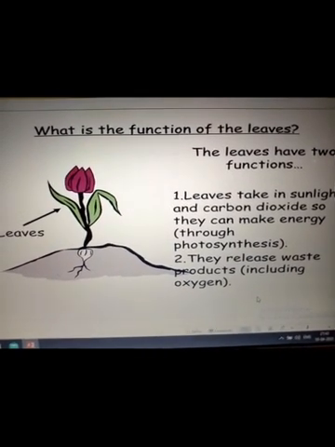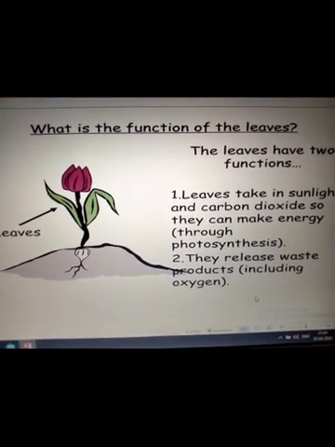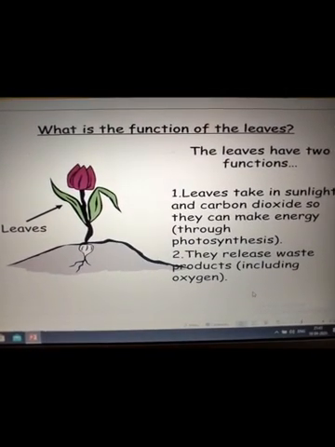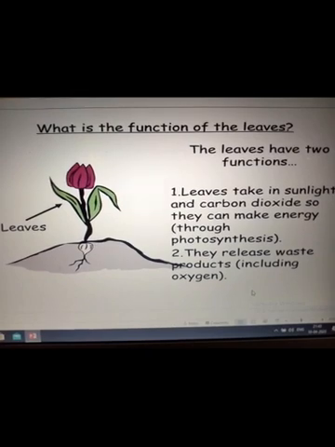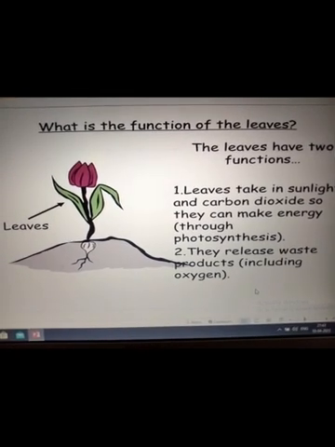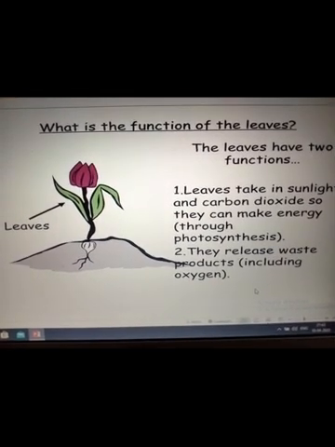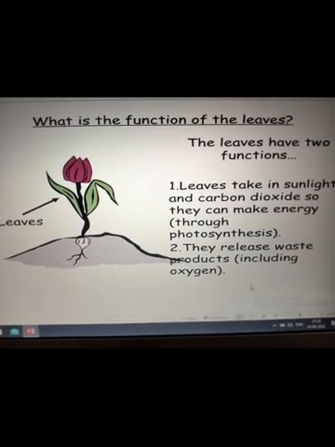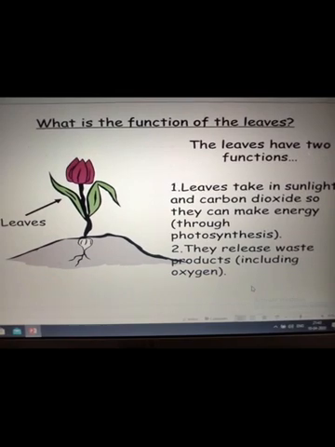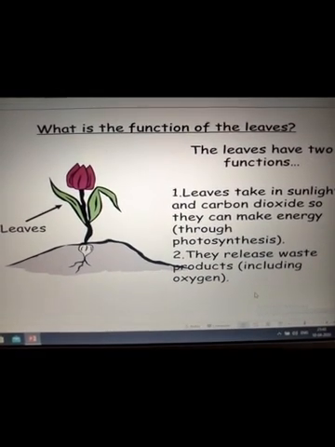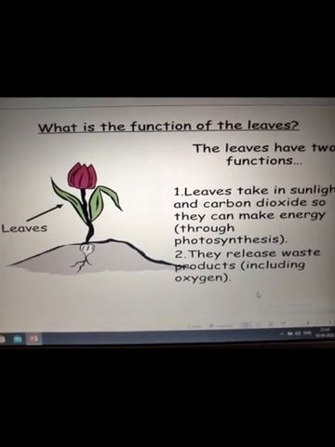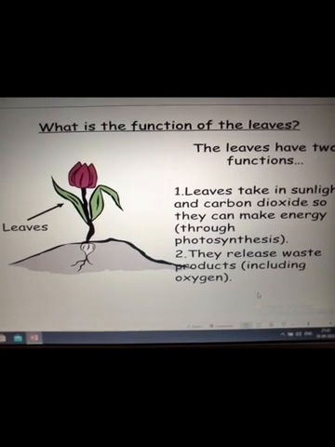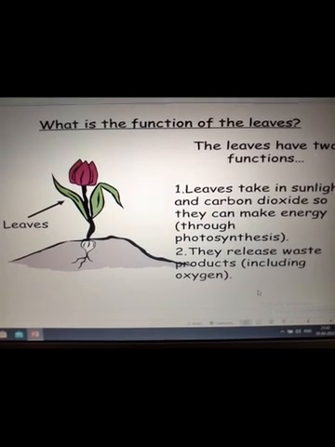They are called the kitchen of the plant. Which part of the shoot system is called the kitchen of the plant? Leaves. Leaves are called the kitchen of the plant because leaves produce food for the plants and they release oxygen in the air.